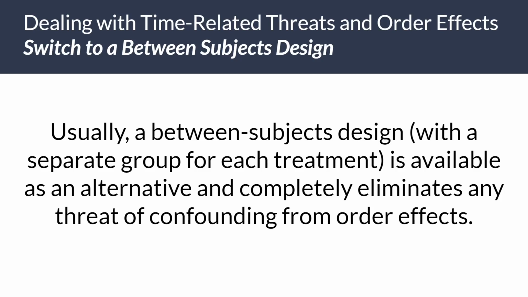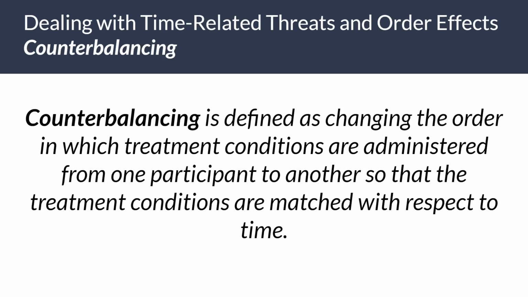And what are those? You will have to deal with the problems that we talked about in the previous lecture, such as matching, randomization, and other things. Also, if there are problems when it comes to order effects, you can apply what we call counterbalancing. I think I've already mentioned to you what counterbalancing is.